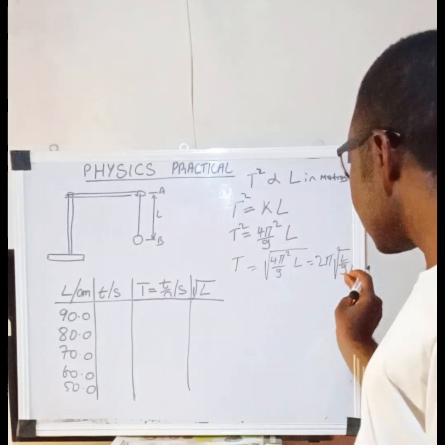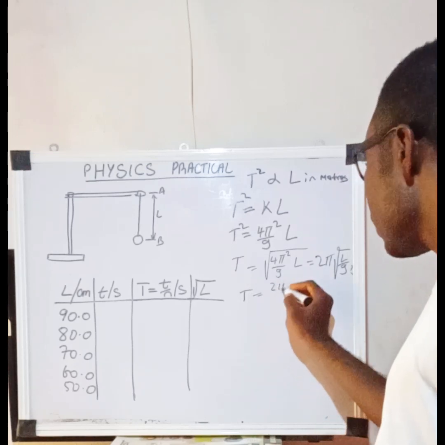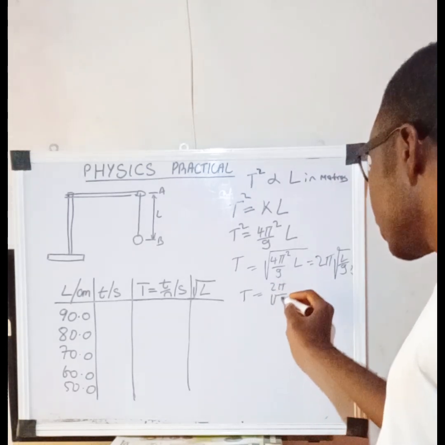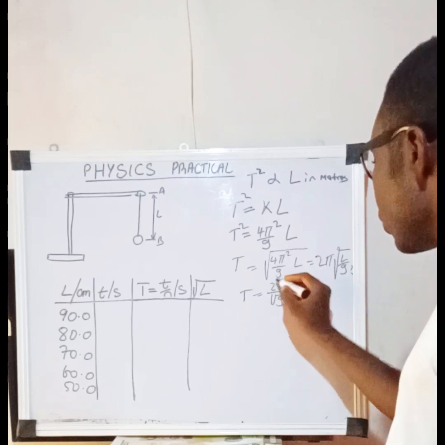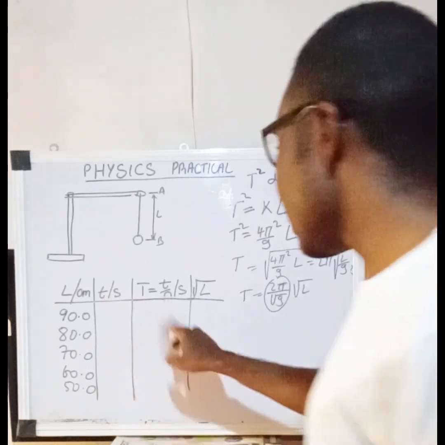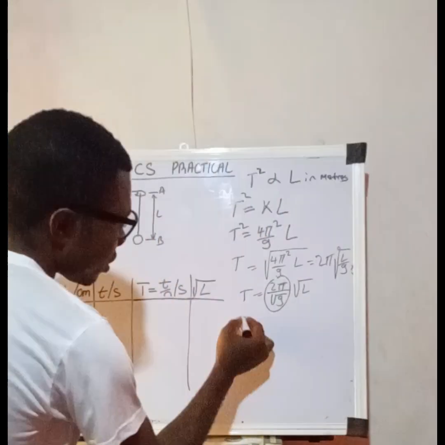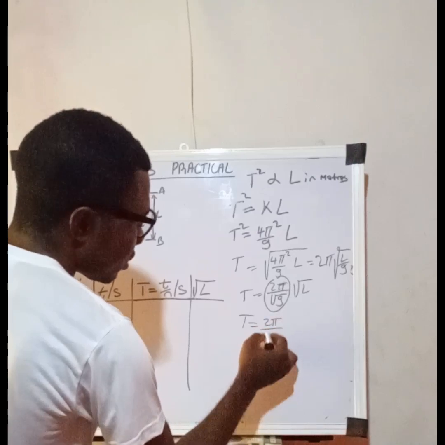But you know that this g is a constant, so we can move it back here, so that I have period is equal to 2 pi over root g, then root L. So what I will do is to obtain this value and then use this relationship to obtain my period and my time. So the period equals 2 pi over the square root of 10.